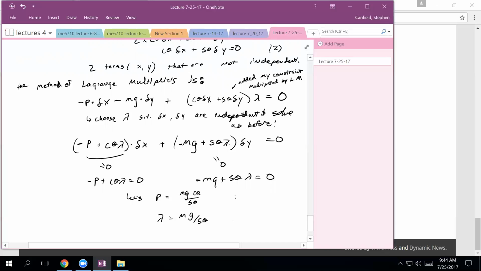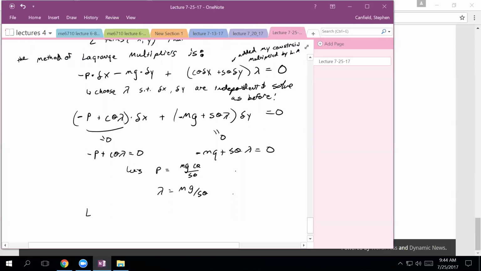So the Lagrange multiplier lambda, first let me treat the q's independently. All right, that's the first thing. And that's what we just said.